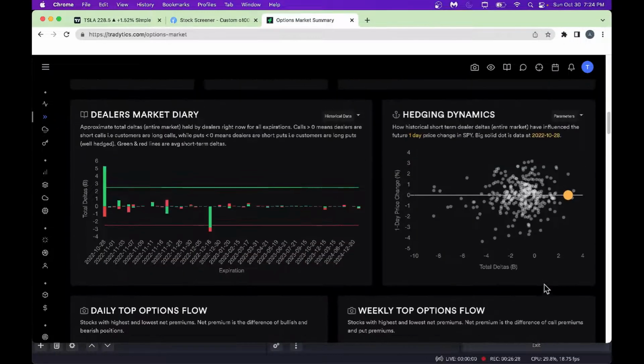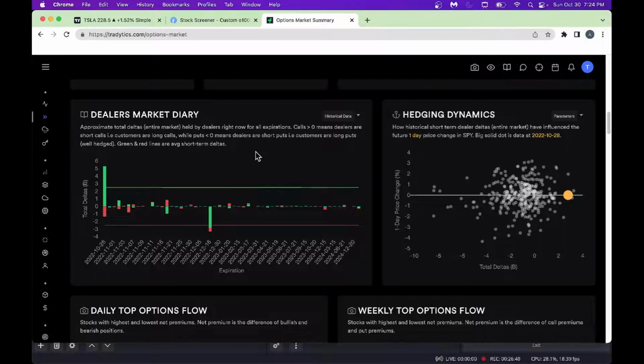And you can look at the dealers market diary. As many of you know here, when I or you buy some call, these market makers, they have to sell those calls to you, and because they're selling the calls to you, they have to in turn make it delta neutral and buy the underlying.